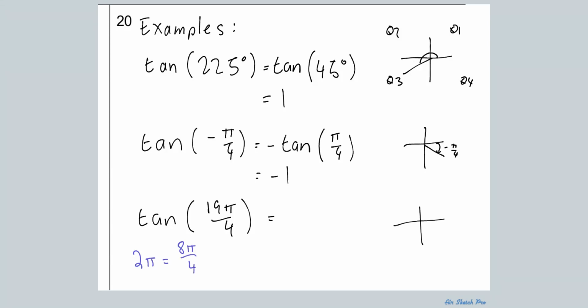So 19 pi on 4 is equal to 8 pi plus another 8 pi, that gets me to 16, plus 3 pi on 4. 3/4 of a pi. Is that right? I think it is.